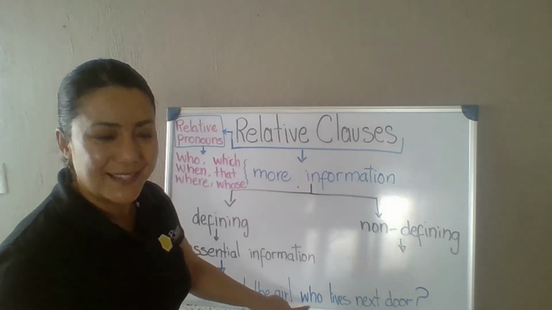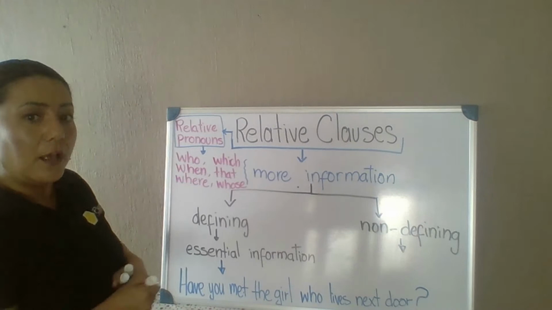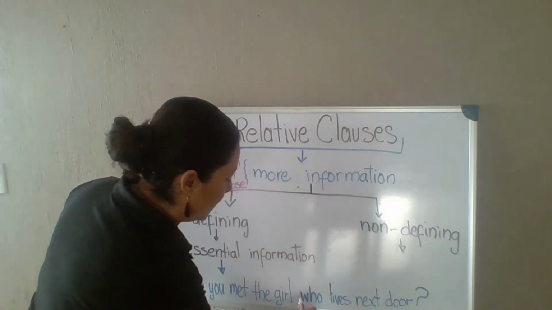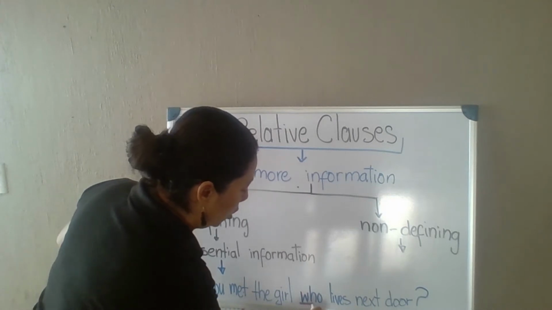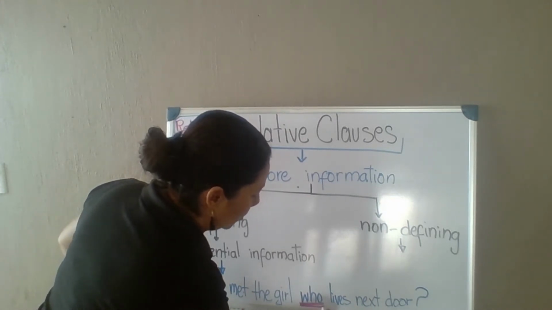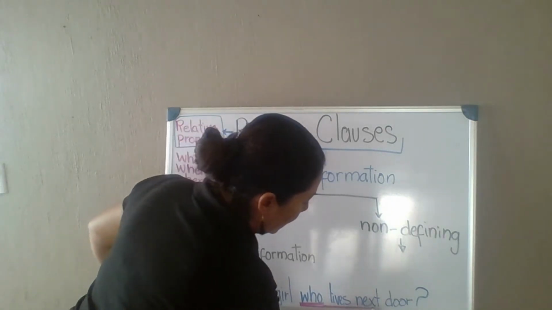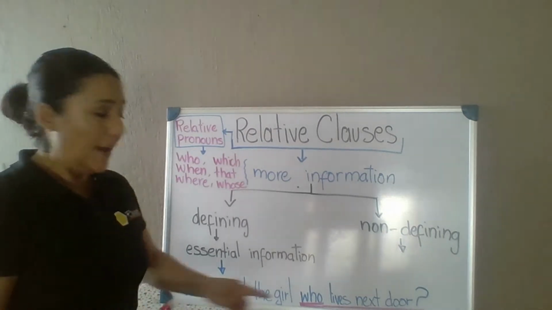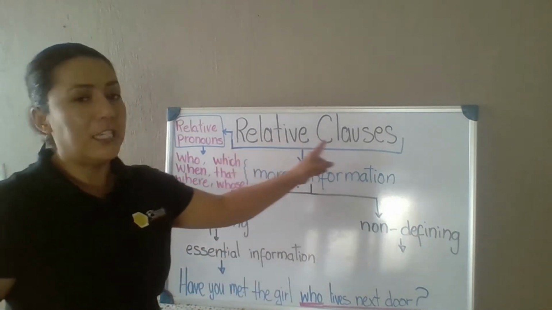Oh, there it is. I'm going to underline the relative clause that begins with the word who. I'm going to make a double underline. There we go. That is a relative clause.